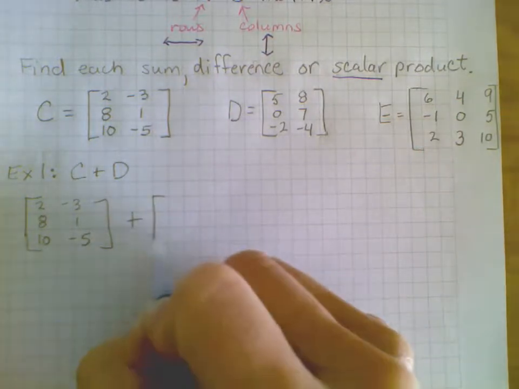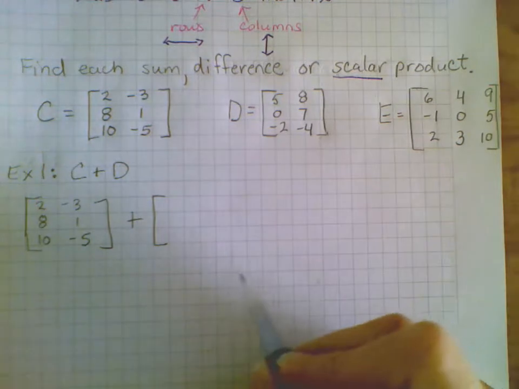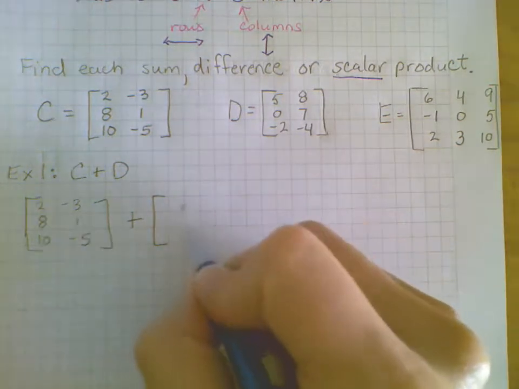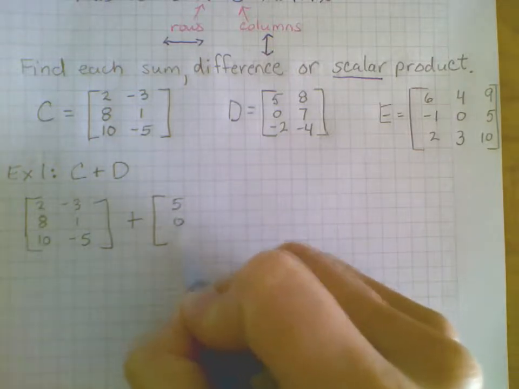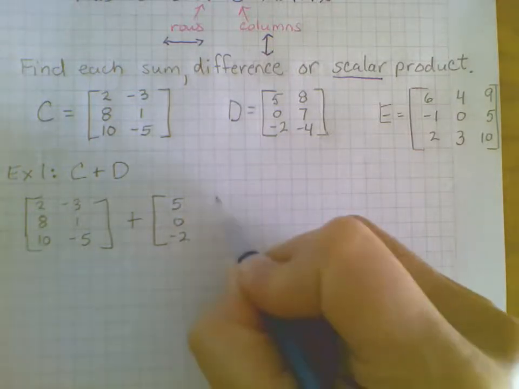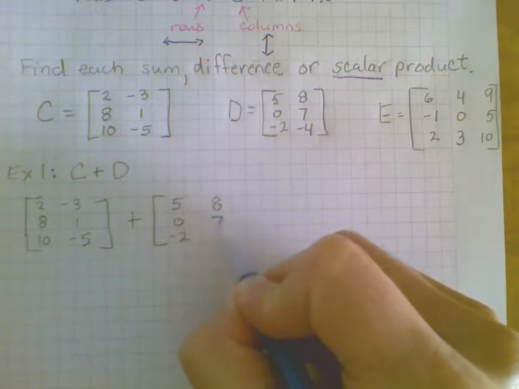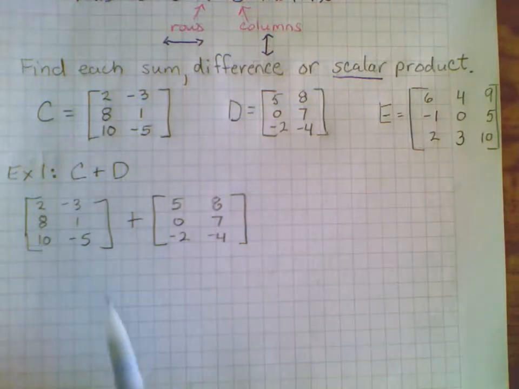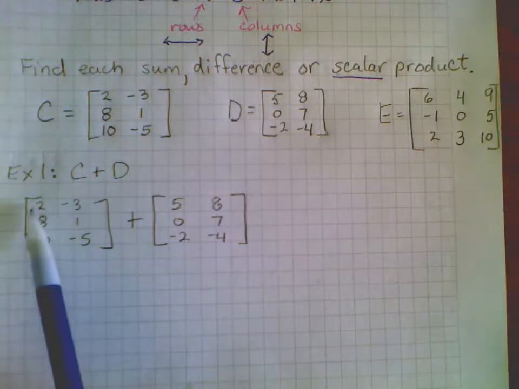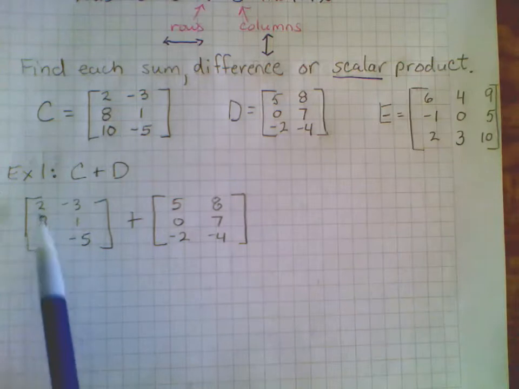plus D. Now, when you're adding and subtracting, the dimensions must be the same for each matrix. So for this example, we can check that. I'm looking at a 3 by 2.